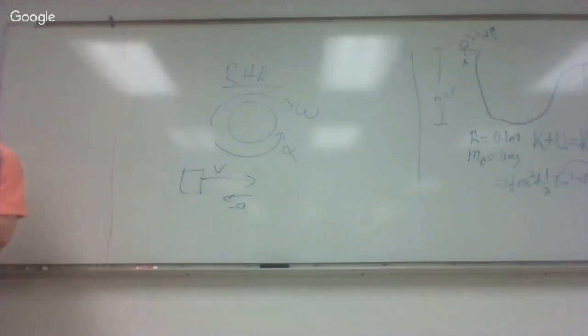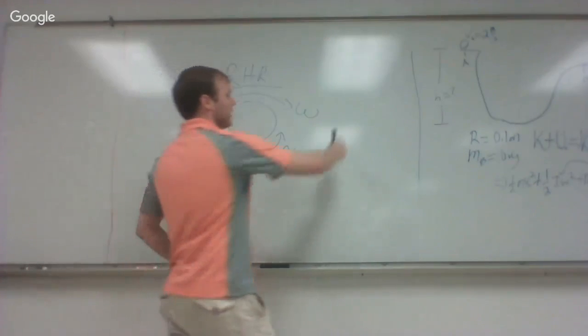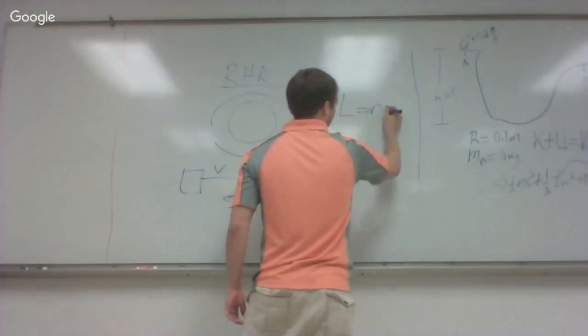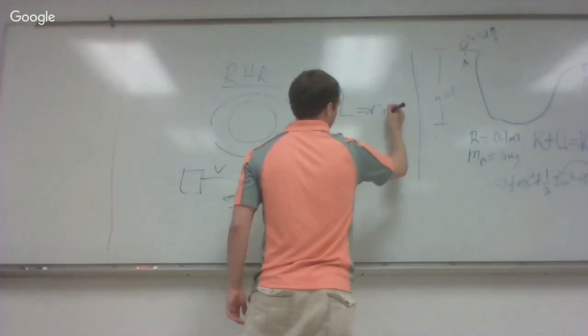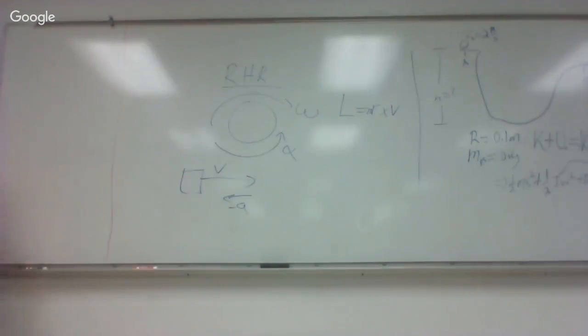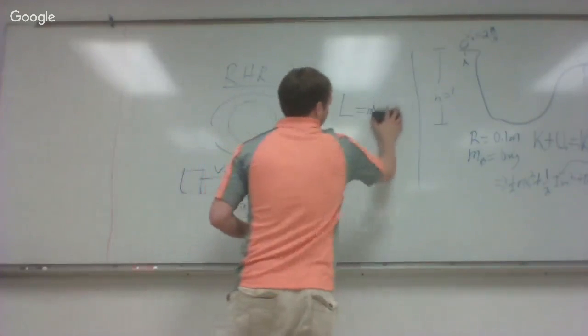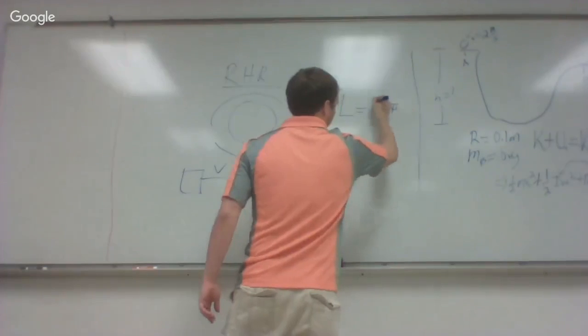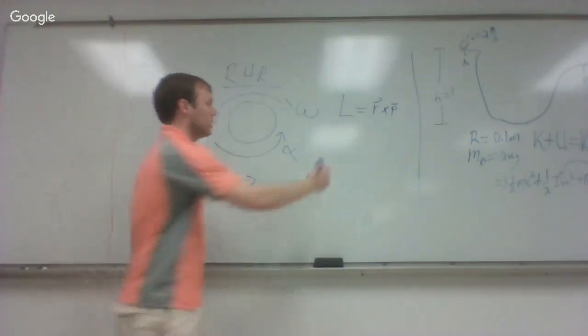So you can look at the system and understand how angular momentum works. We find angular momentum as r cross p, where p is the linear momentum, right?